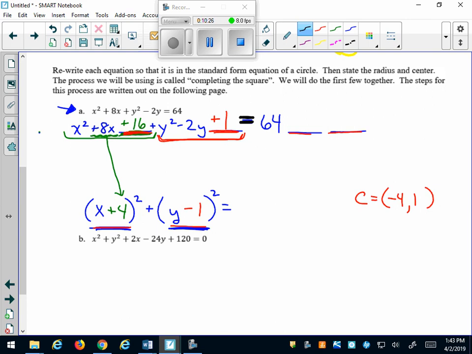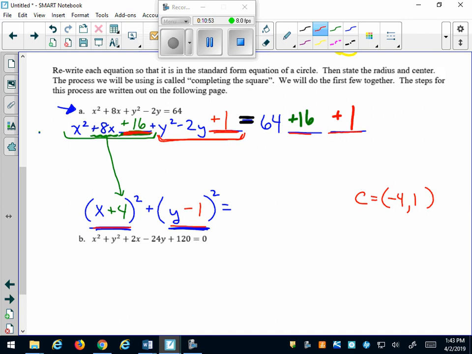If you add 16 and 1 to one side of an equation, well, now we don't have an equation anymore. It's not equal. So in order to fix the situation, we have to do the exact same thing to the other side. Okay? So we added 16 and 1 here. We want to add 16 and 1 here. Whatever you do to one side, you got to do the exact same thing to the other side.